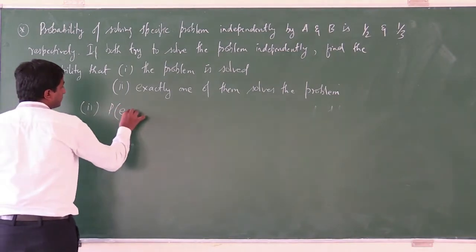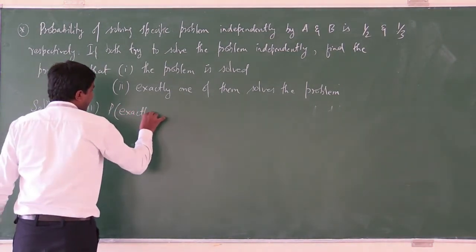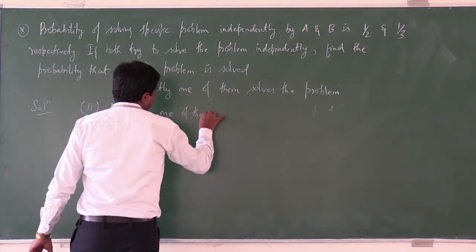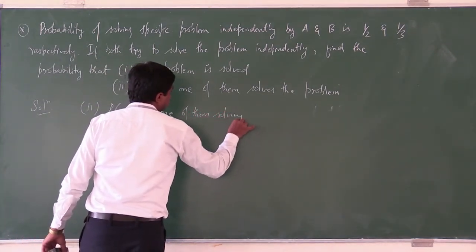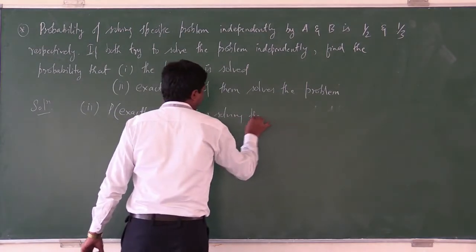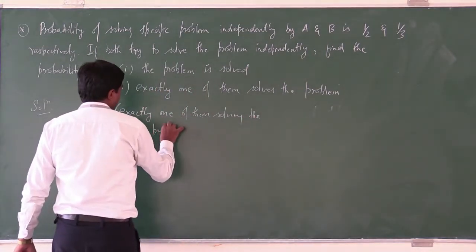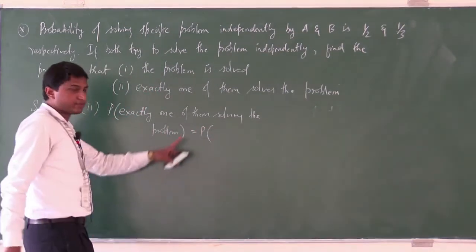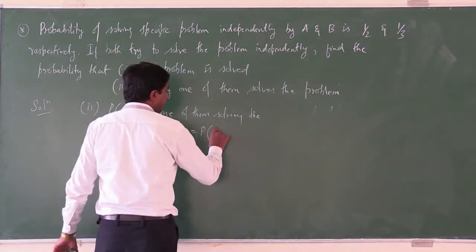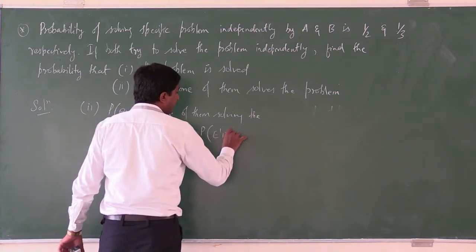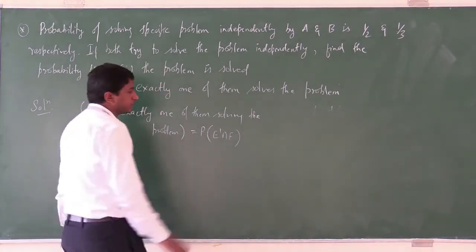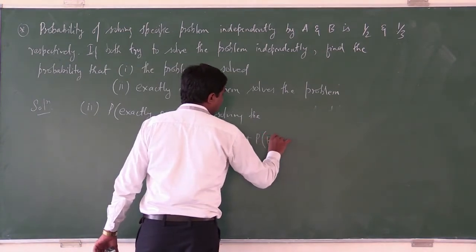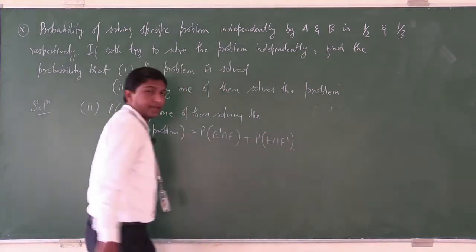Probability of exactly one of them solving the problem is equal to, I can write it as P of E dash intersection F plus P of E intersection F dash.